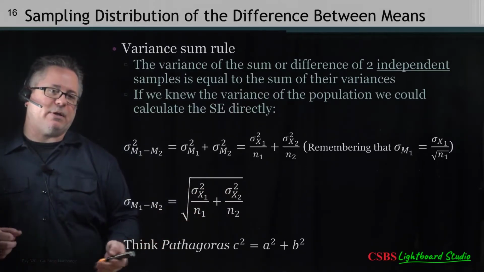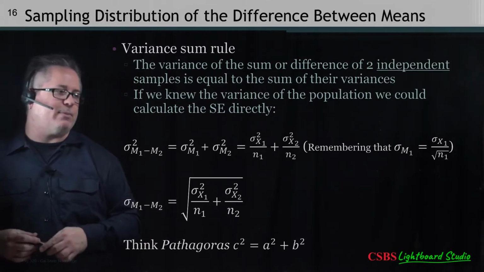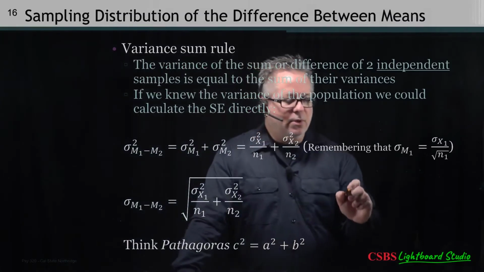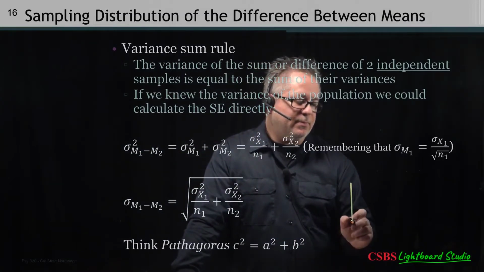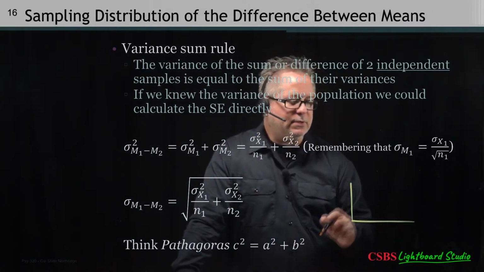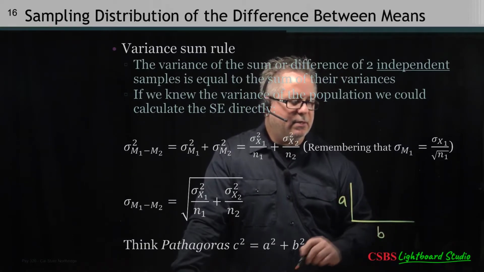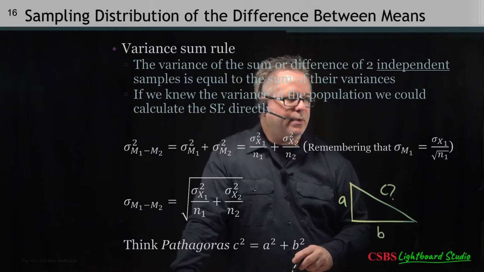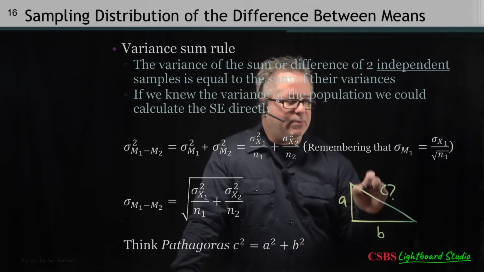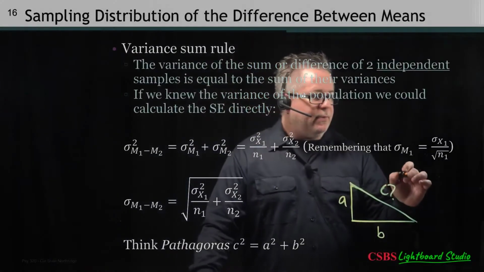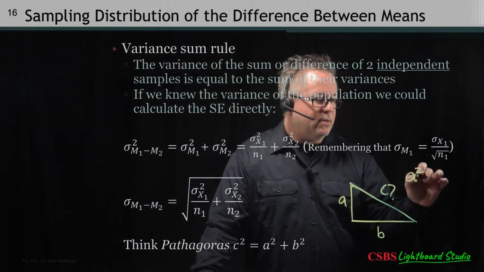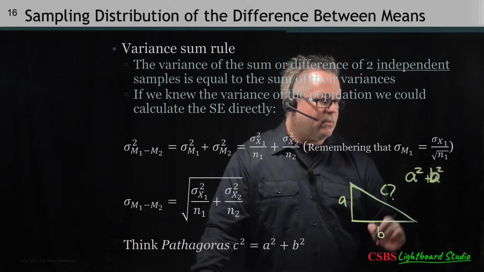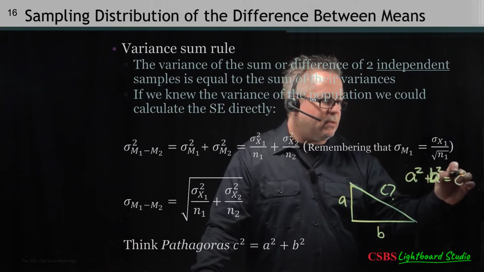And again, you can think of this like the Pythagorean theorem. If I know one side of a triangle, A, and the other side, B, and I want to figure out what C is, I can't just take A plus B equals C. I have to square A, square B to get C squared.